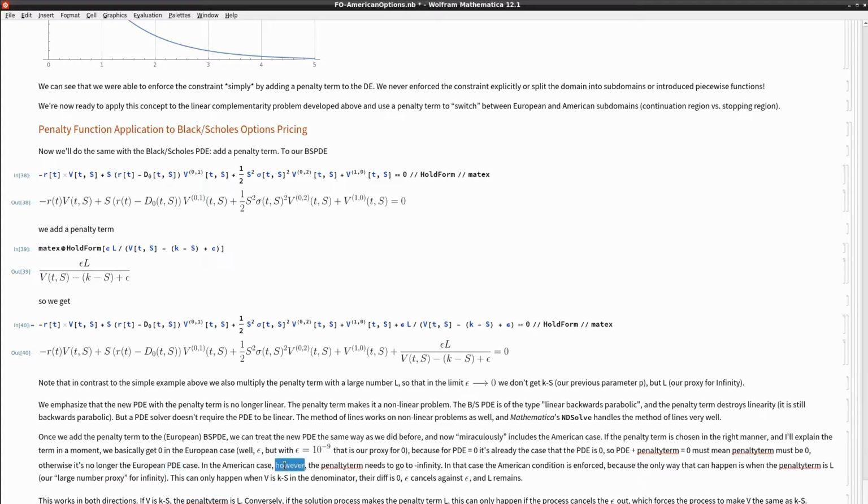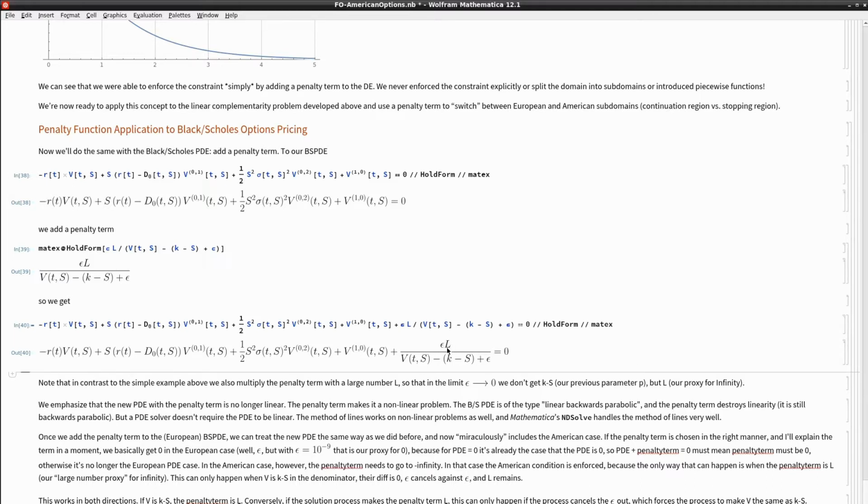In the American case, however, the penalty term needs to go to minus infinity. And in that case, the American condition is enforced, because the only way that can happen is if the penalty term is L, and that was our proxy for infinity. So the way we get that is, as I've briefly shown above, if the put price is the same as K minus S, that was the early exercise region, then this is 0, the epsilons cancel out, and we have a large L here.